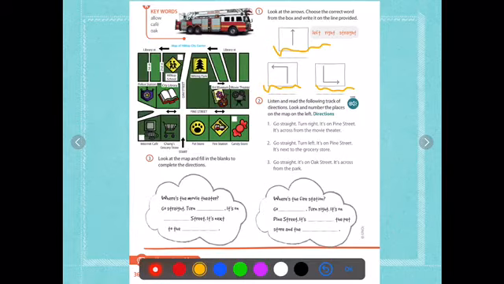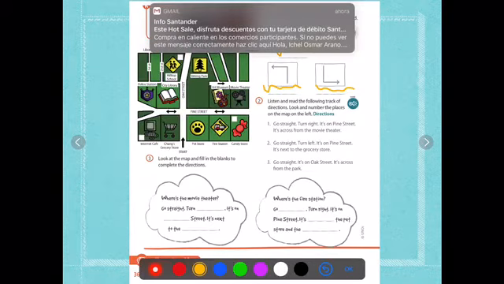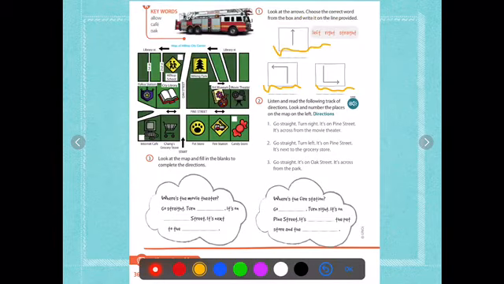For example, let's do number one together. Where is the movie theater? The movie theater. Okay, so go straight. It says go straight, period. Turn right. Okay, it's on Pine Street.